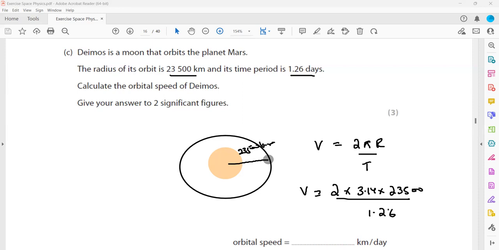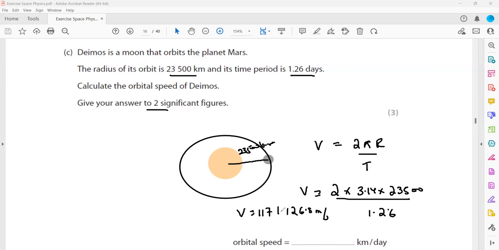So the orbital speed is 117,000. But if you read the question, we have to write our answer in two significant figures.